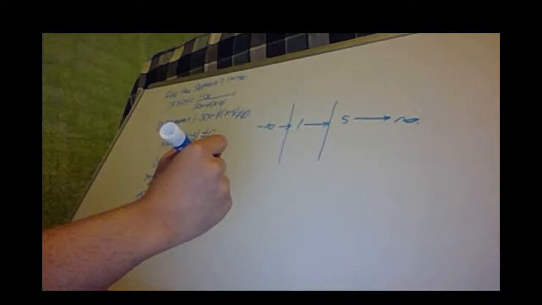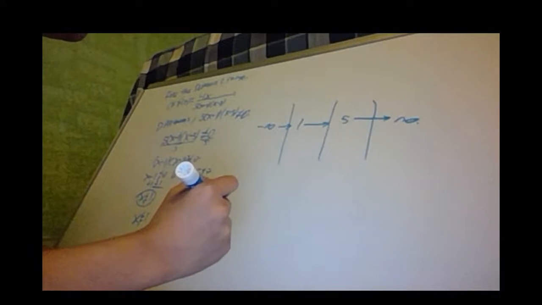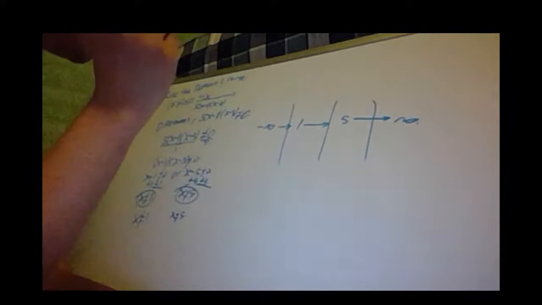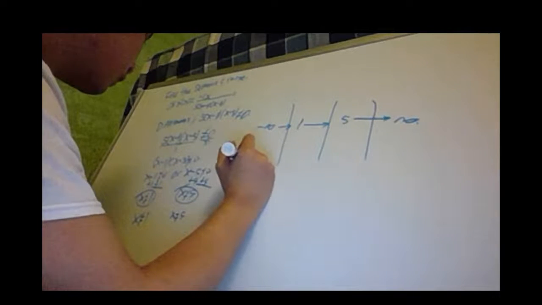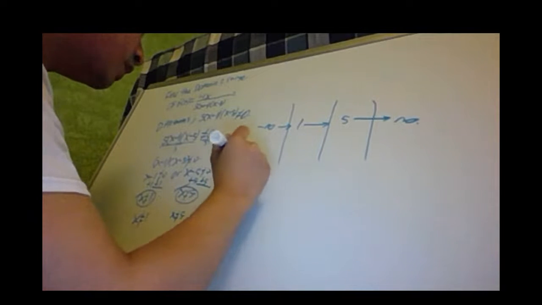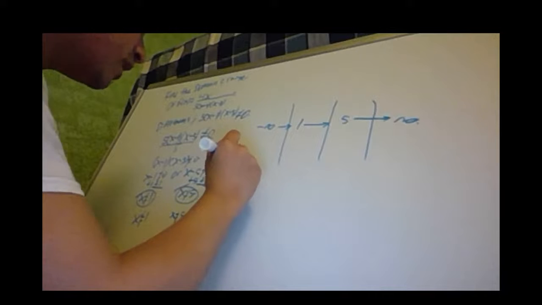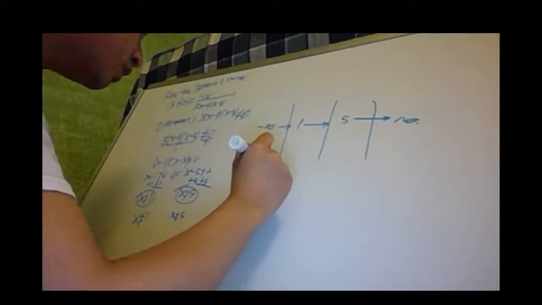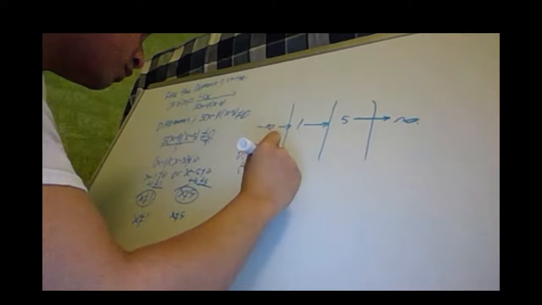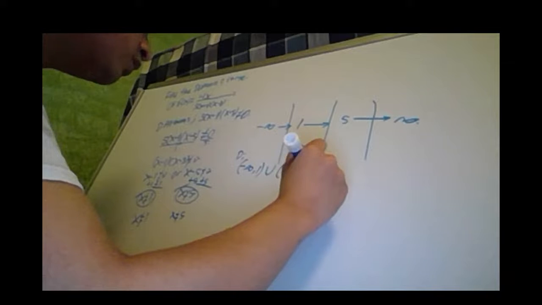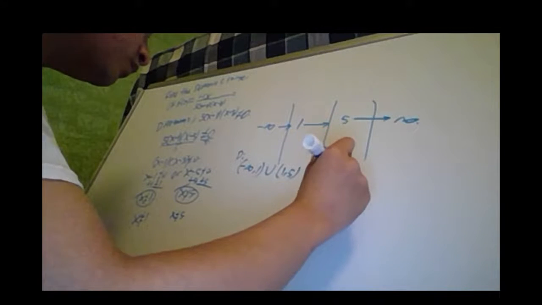How would we write that, right? Since we're not including 1 and we're not including 5, the domain is negative infinity to 1 union 1 to 5 union 5 to infinity.